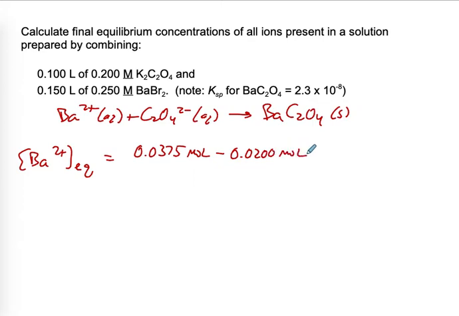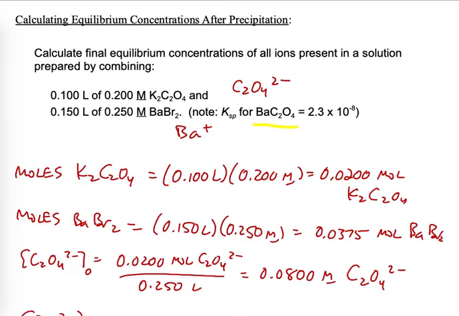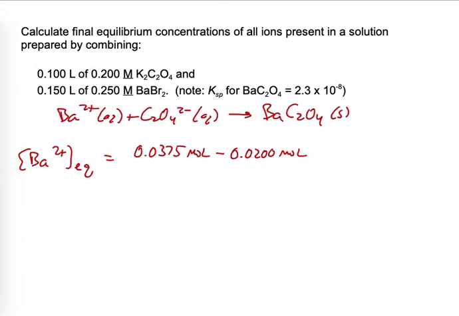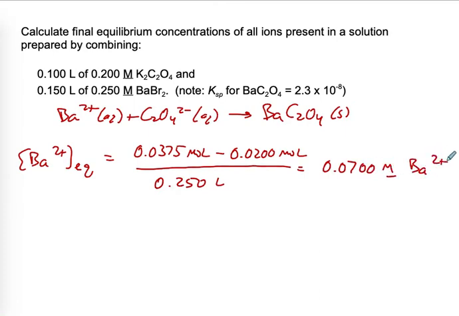Why did that many moles react? Because that's how many moles of oxalate we started with, 0.0200, which we said is the limiting reactant, and they react in a 1-to-1 ratio. And I'll divide that by the total volume of solution, which gives me 0.0700 molar barium 2+ present after the reaction takes place.